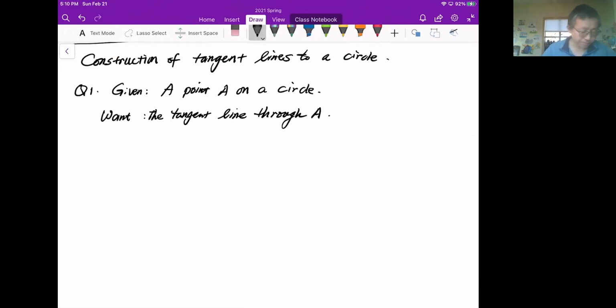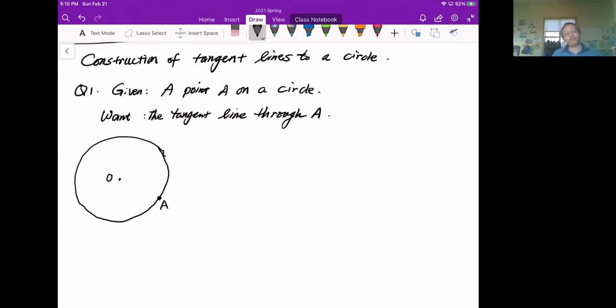Okay, so let me draw the picture. So what I'm looking for is the following. So I have a circle. I'm not good at drawing. So let's say I get a circle here with a center. Each time when we have a circle, we are assuming that the center is given. Assume that this is A, I get a point A here, and this is O here.